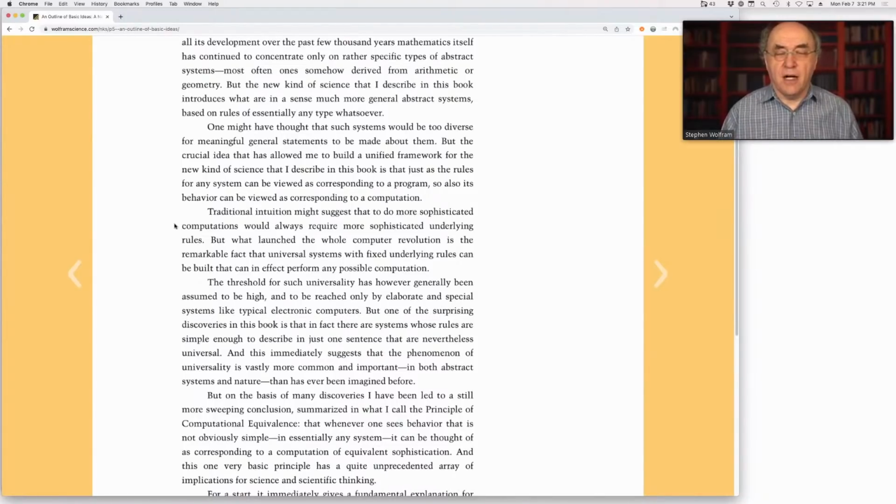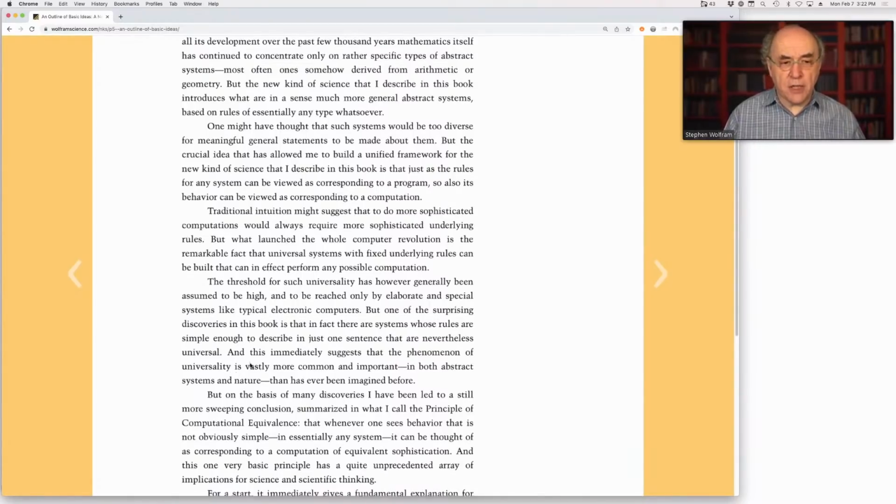And a chap called Alex Smith was able to prove that indeed that Turing machine is universal, giving another boost to the things that I say here about the threshold for universality. And there have been more results along similar lines. There's one that I strongly suspect now about combinators that we put up another prize for, as yet unclaimed. We'll see how that goes too.